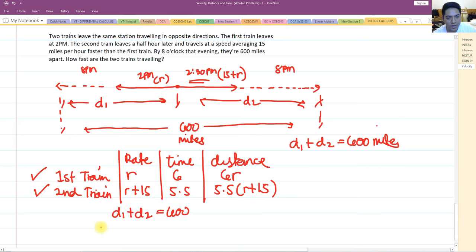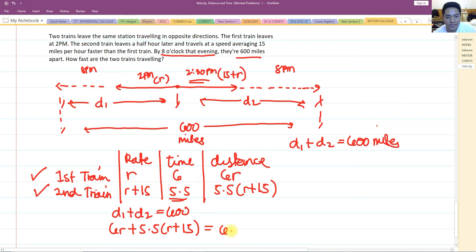So, D1, the distance traveled by the first train, is 6R. The distance traveled by the second train is 5.5 times (R plus 15). Again, 5.5 is gotten because the second train leaves at 2:30, and by 8 o'clock in the evening, they are already 600 miles apart. So, 8 minus 2.5, because 30 minutes is 0.5 hours, becomes 5.5.